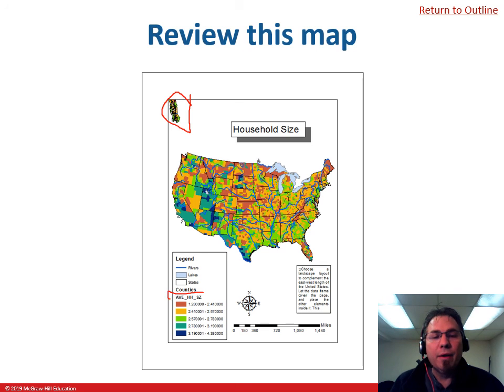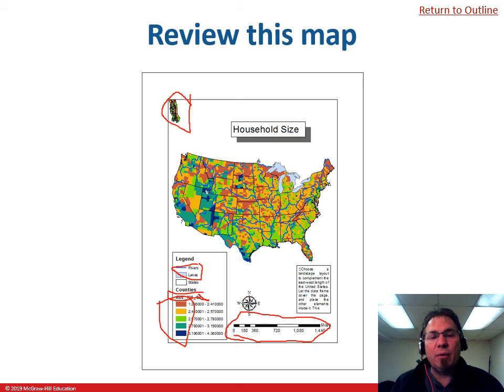You have the name of the file there. You got a really bad color combination that doesn't show you anything. You have the rivers on there, and lakes. I have no idea what that has to do with household size. You have a really poorly formatted map scale. There's a whole lot of mess going on here.